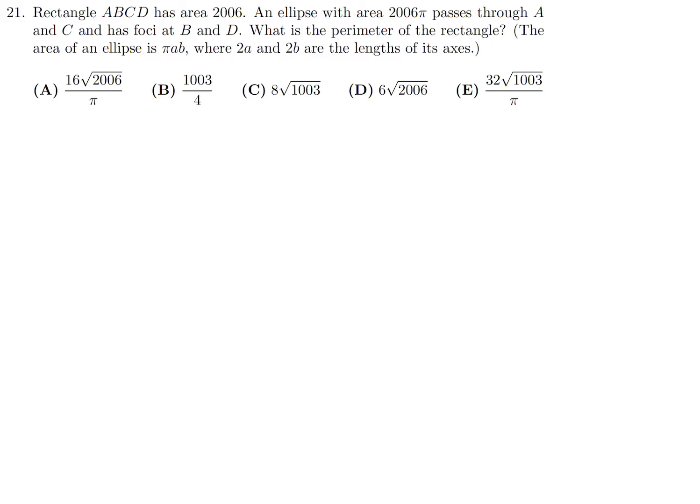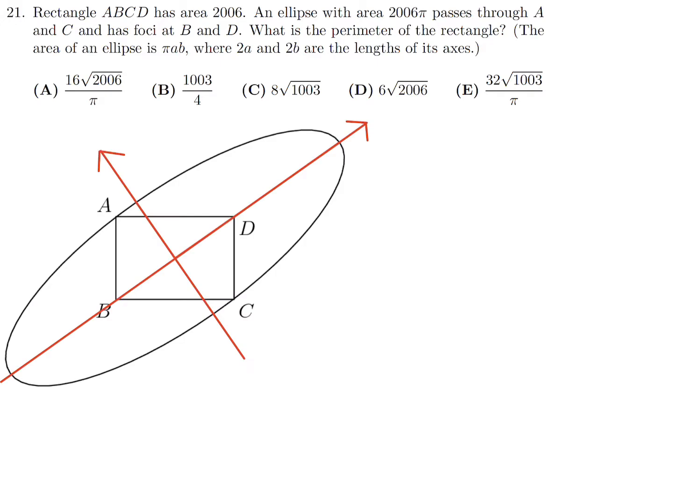So first let's draw a diagram. So here is the ellipse with the rectangle drawn in, and a few things I of course have to label.